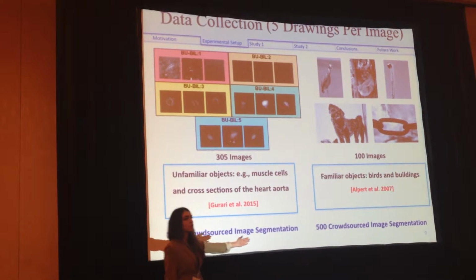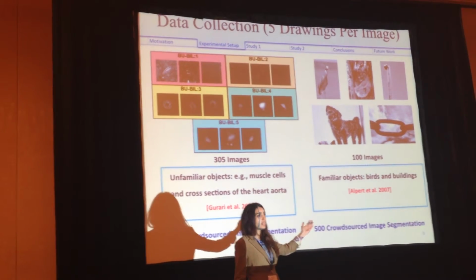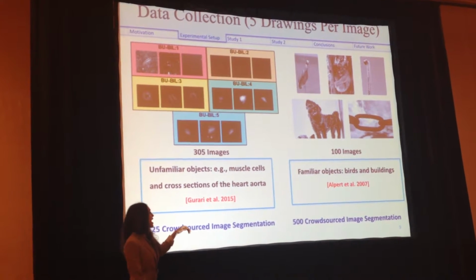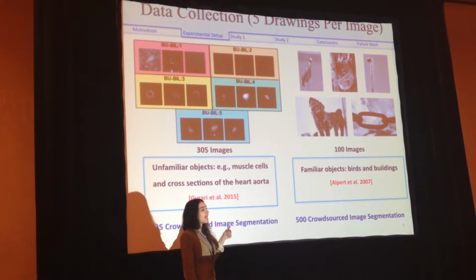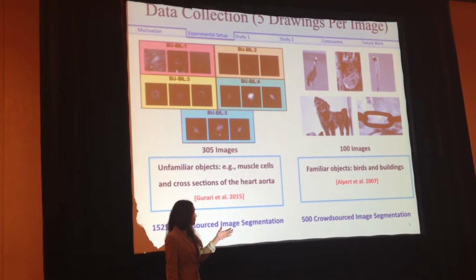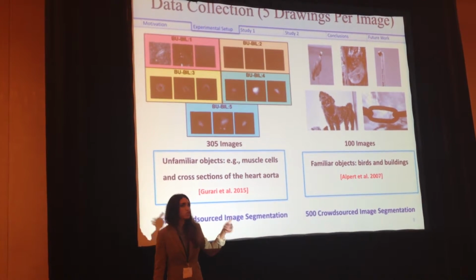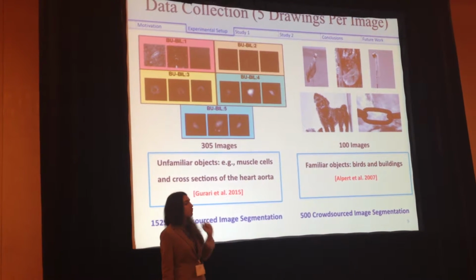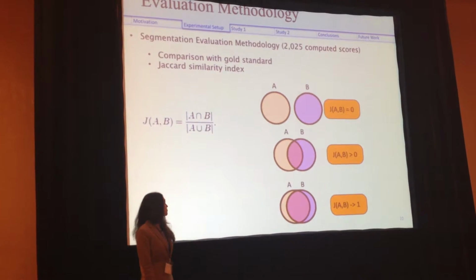And on the right, you will see our everyday or familiar data set, which was about birds, buildings, cars, dogs, cats. We had 100 images from that, and we got 5 drawings per image, so we ended up having 500 crowdsourced image segmentations from familiar images.